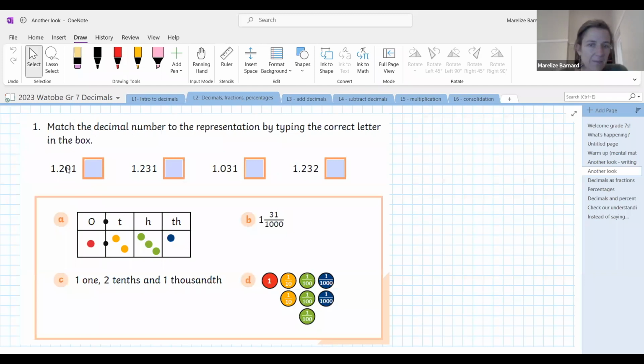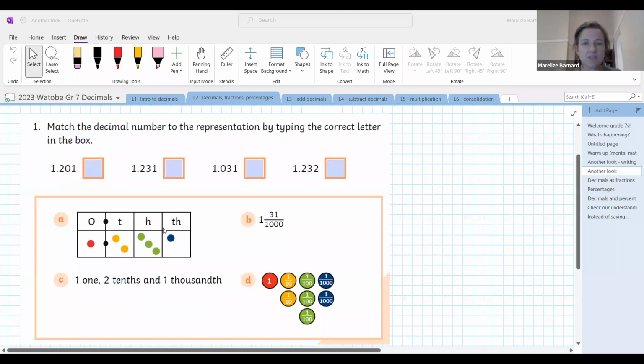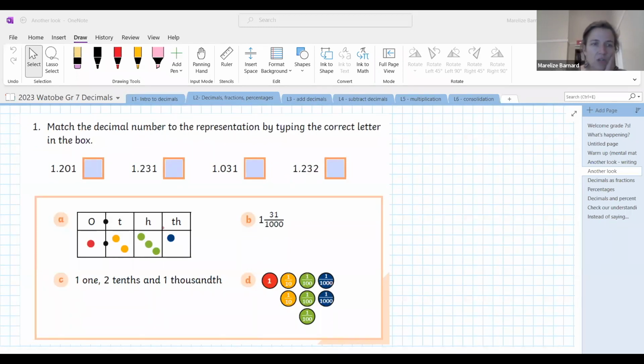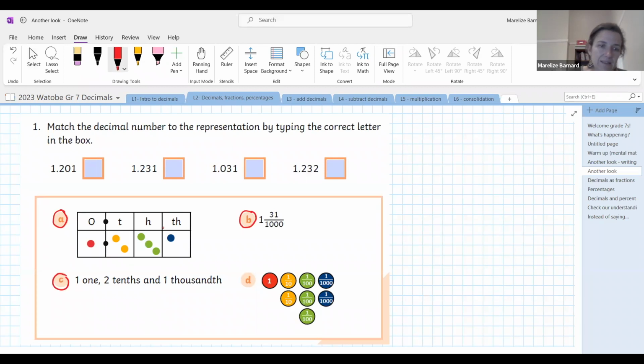So let's do another short round of just matching our decimals to the different representations. So we've got 1,021. There's 4 decimal numbers here. And we've got a place value chart here with option A. Then we have B as a mixed fraction, and then C is 1, 2/10, and 1,000, written as in words.